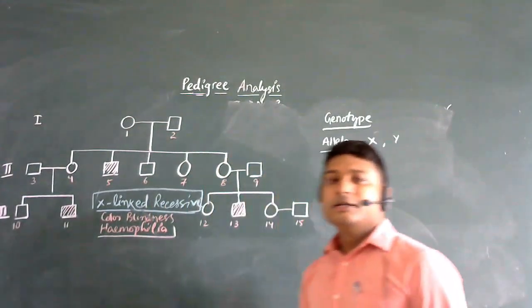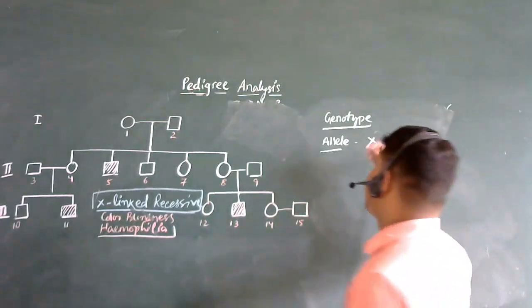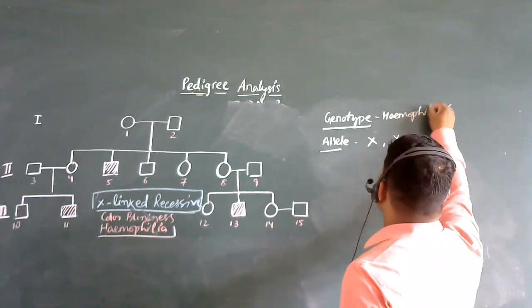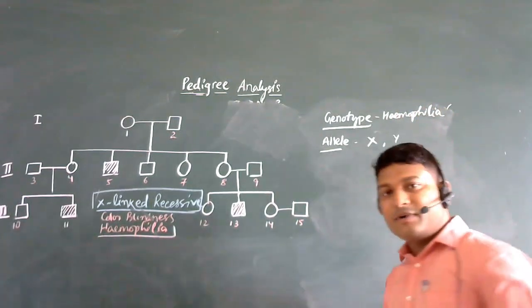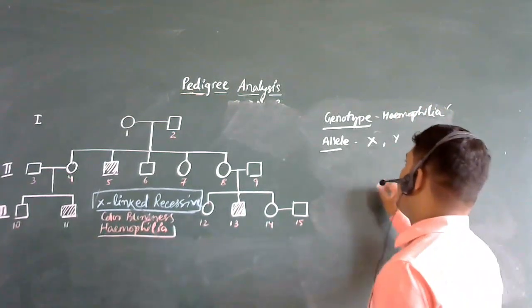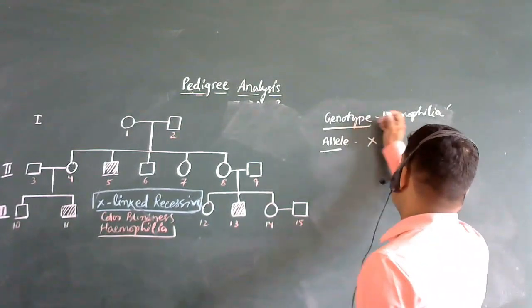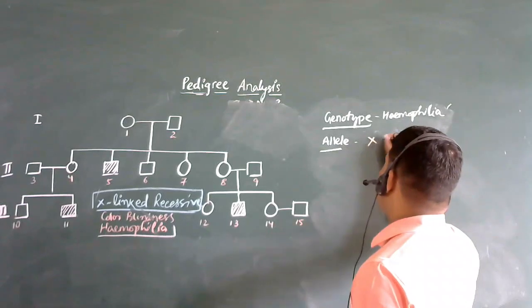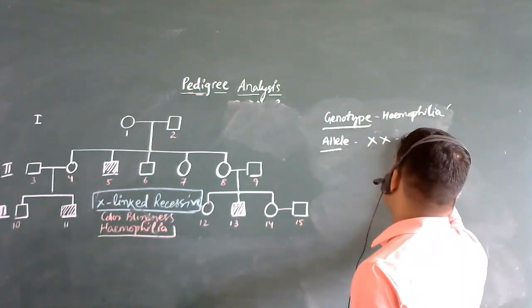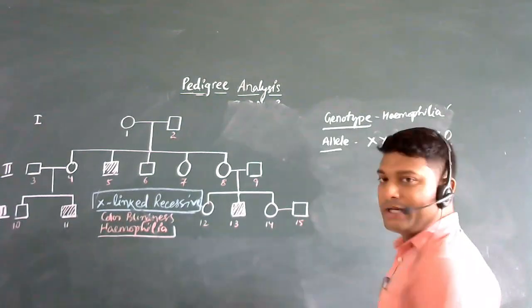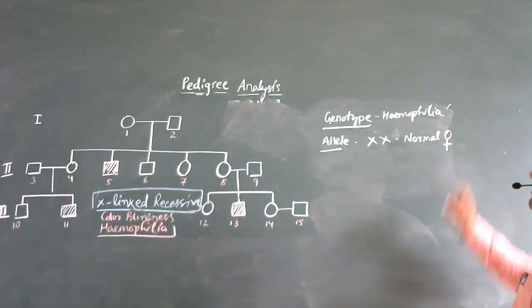If they tell you the disease is hemophilia, and we have male and female, let me write it down. We can have XX, which is going to be a normal female.